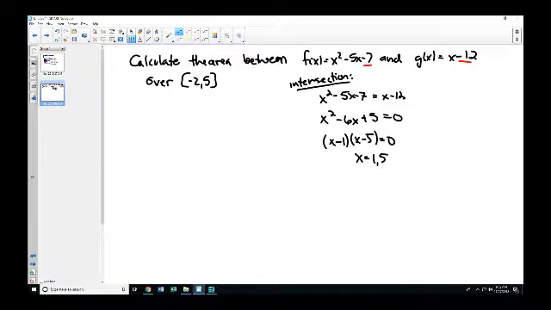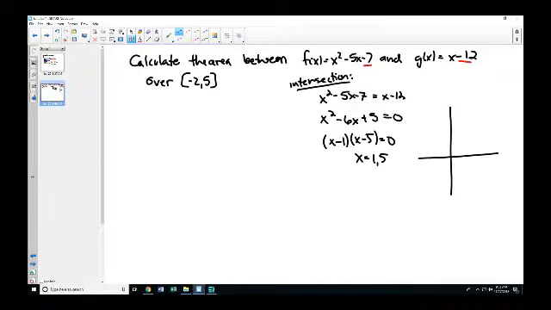Okay, it's 1 and 5. I just drew 2. I was wrong, because I mixed them up. Because you did x squared minus 5x plus 6, and even that was wrong. Okay, so 1 and 5, right?